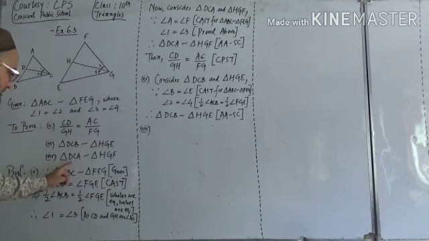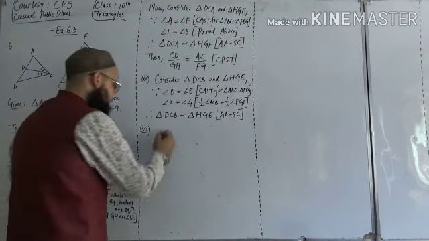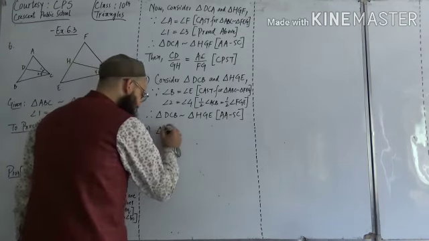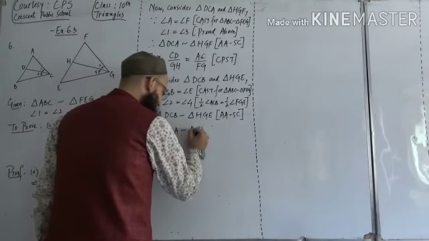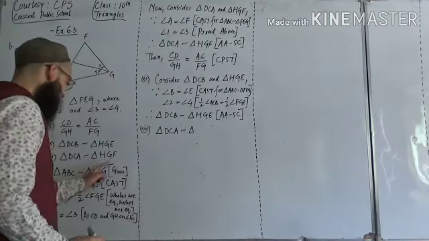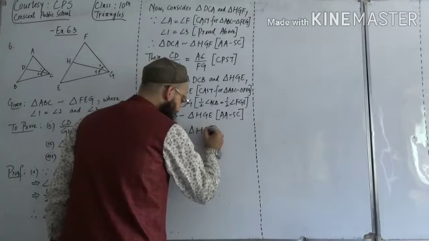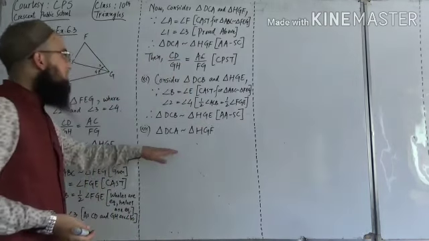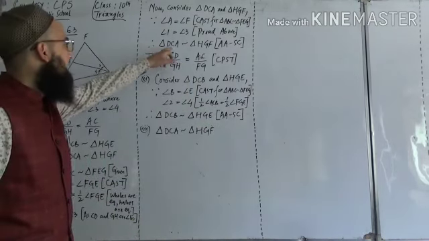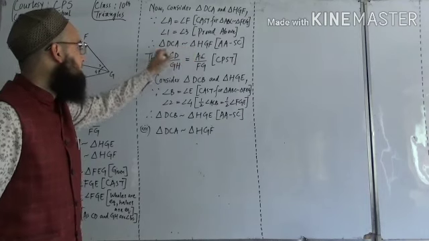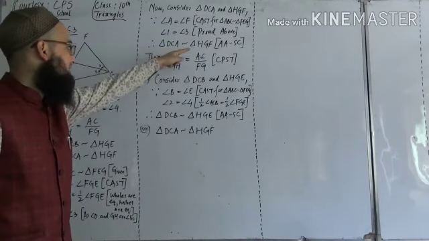Now part number 3, triangle DCA is similar to triangle HGF. We already proved that in part 1. DCA is similar to HGF.